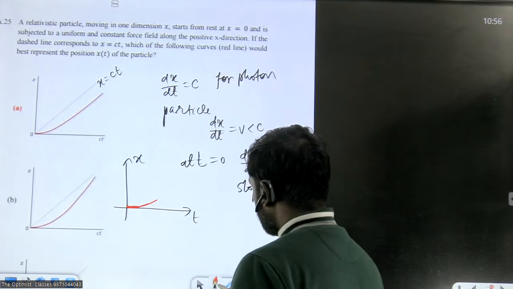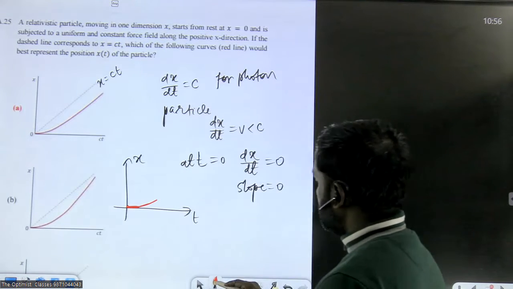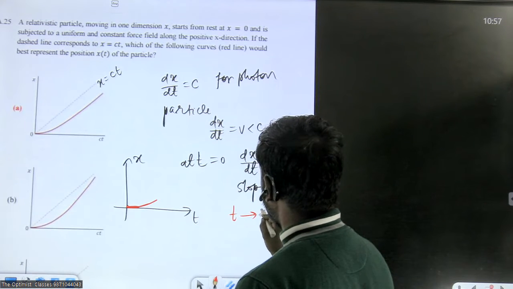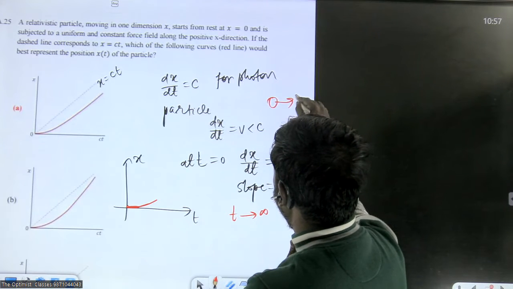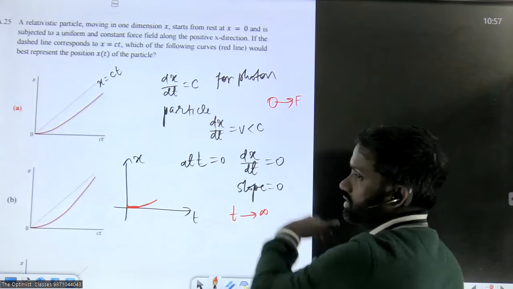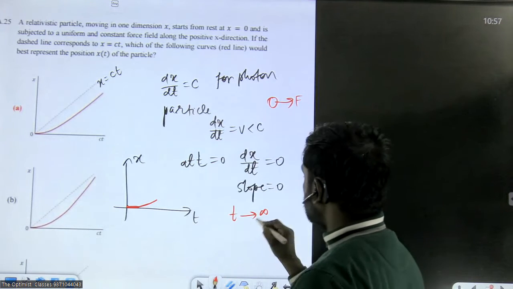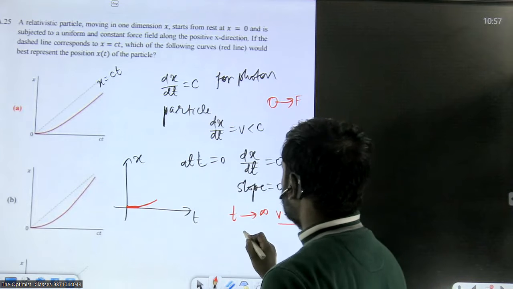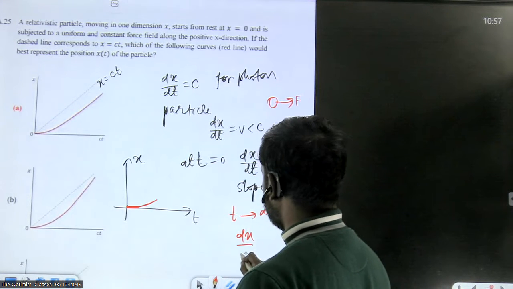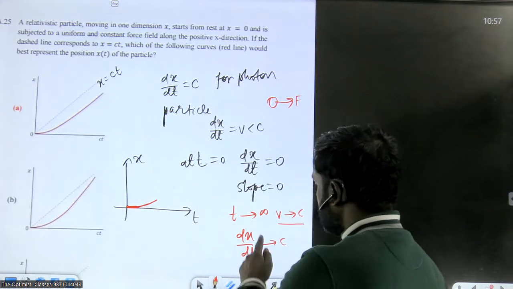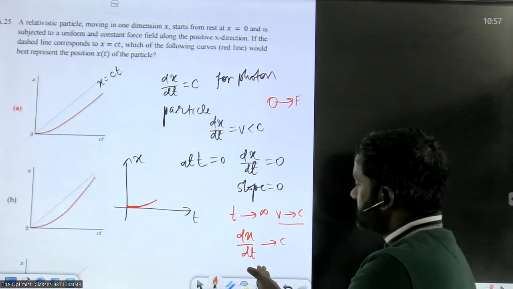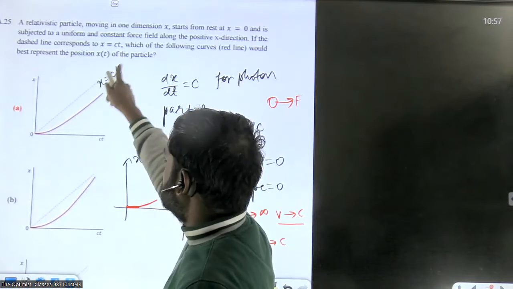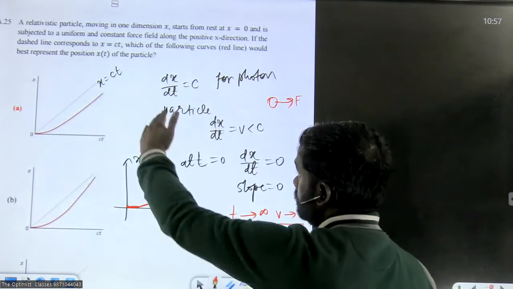Now, as time passes, what will happen as t goes to infinity? Since the particle is being acted upon by a constant force, its speed will continuously increase. So as t goes to infinity, dx by dt will approach c. That means the graph will become parallel to this line, because for this line, slope is equal to c.